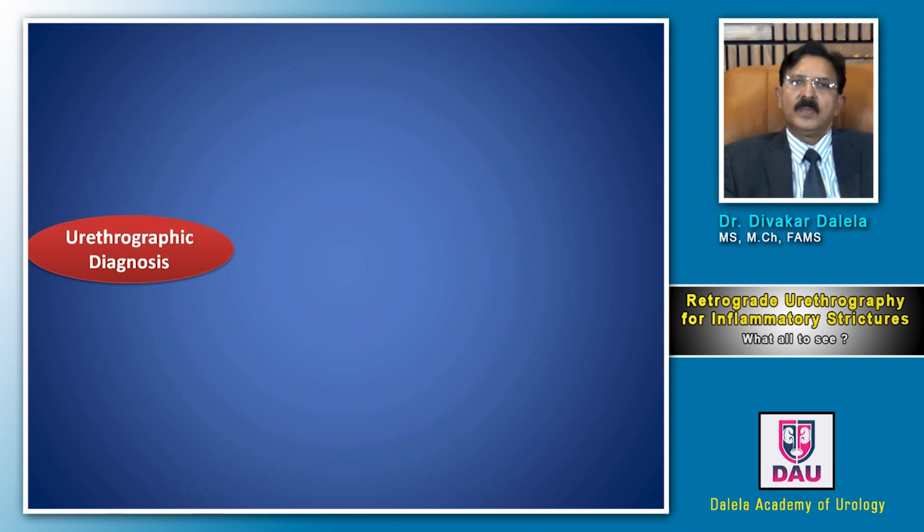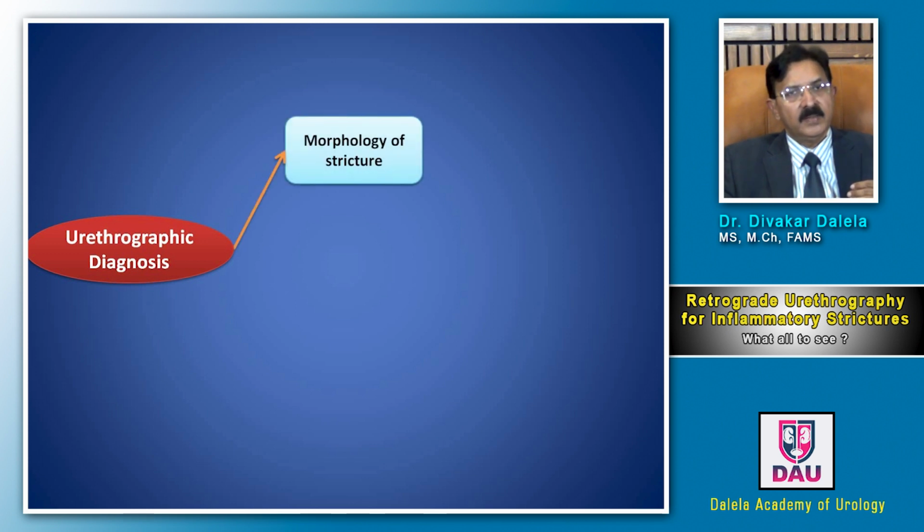So when we have to see a retrograde urethrogram and the patient has an inflammatory urethral stricture, you have to make a diagnosis based on the film, and that is called urethrographic diagnosis. It has three components.